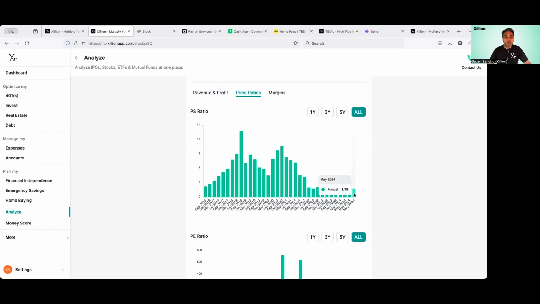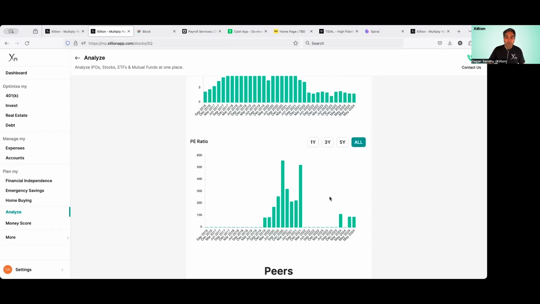So Square is really cheap according to this metric. If you ever thought of buying Square, this might not be a bad time, because you can get in at a price that is about 5 years ago, or maybe even 10 years ago, if you look at this particular metric. PE ratio is not really good to look at right now because the company is not focused on that.